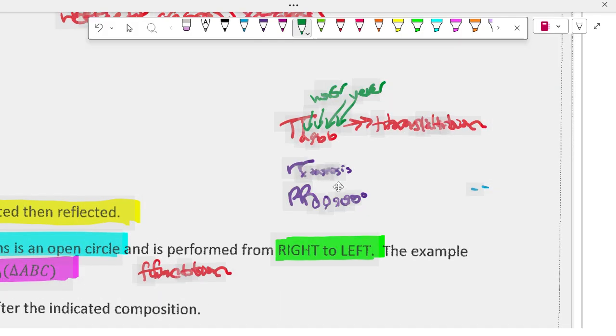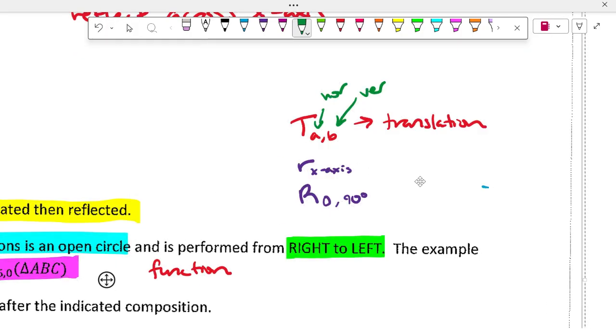And what did I say about the degrees? How do I know what direction? If it's negative, it's clockwise. If it's positive, it's counterclockwise, because counterclockwise is the standard in math. Unless specified otherwise, it's usually counterclockwise.